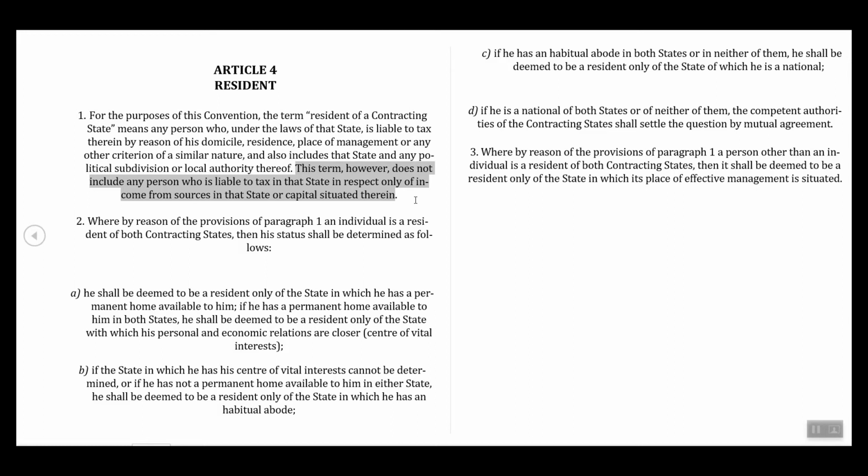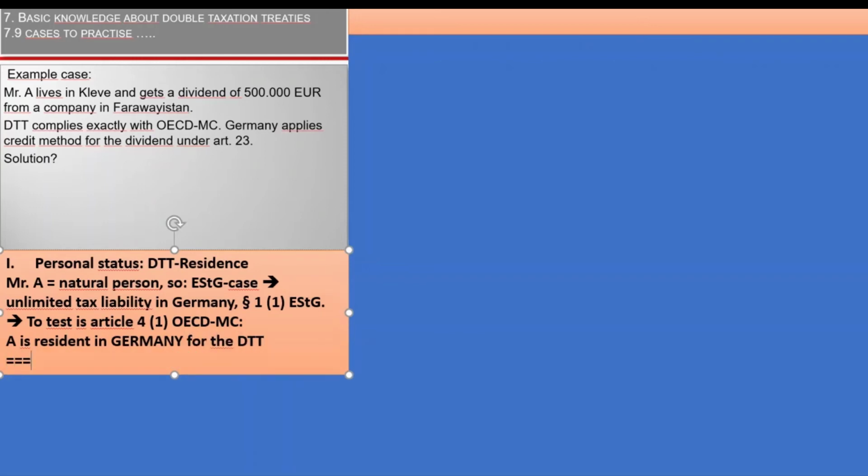Plain, simple, and easy. That's everything we have to think about. So the test is Article 4.1, and the result was A is resident in Germany for the DTT. That was already everything here.